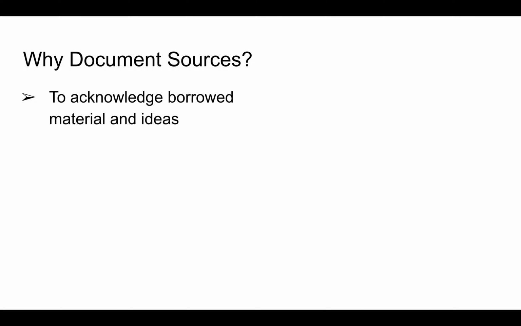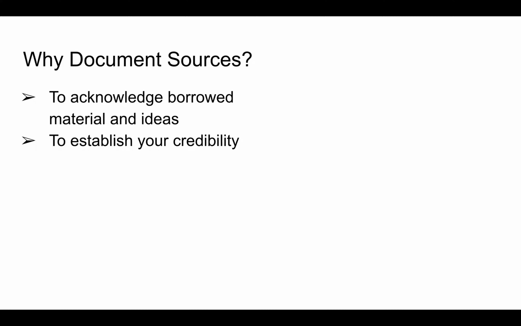So let's go ahead. First, of course, the philosophy behind why it's so important to document sources and to document them carefully. You're writing research papers, and so you just want to make sure you're acknowledging where those ideas came from. People's careers went into researching them, and so you want to make clear to your audience where those came from, to make sure you're giving credit to the people who did the research, who wrote the idea, who had the theory, or whatever it happens to be.